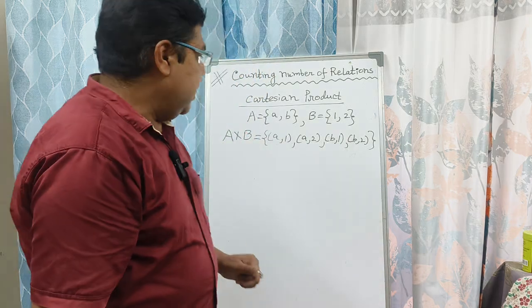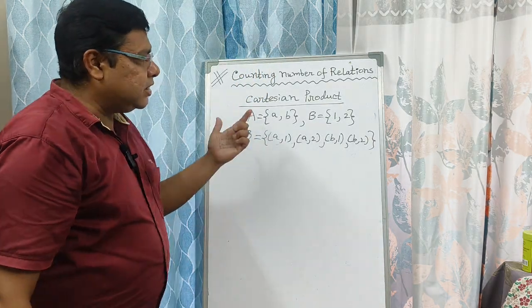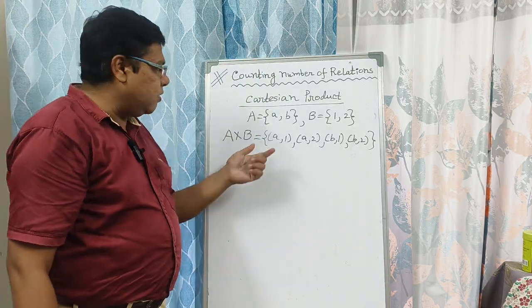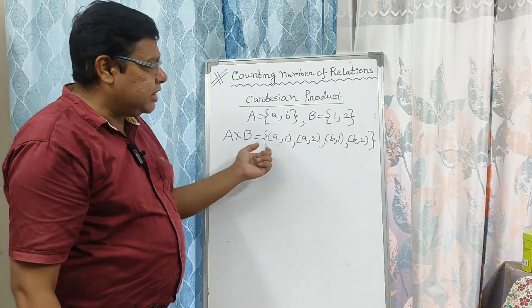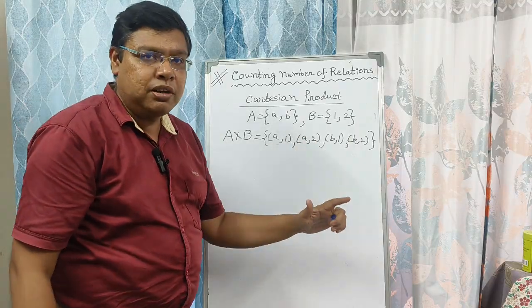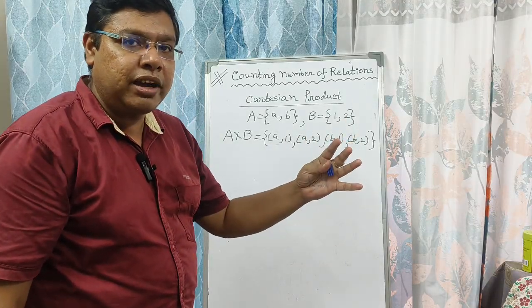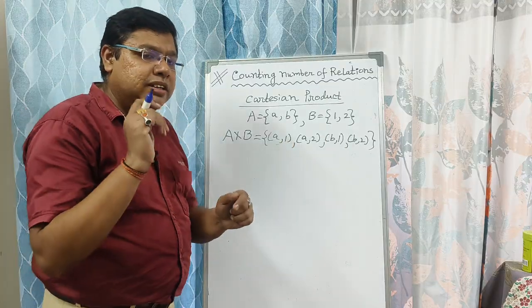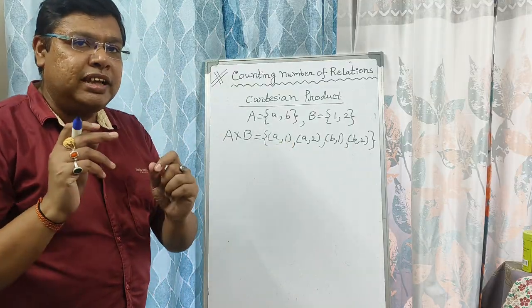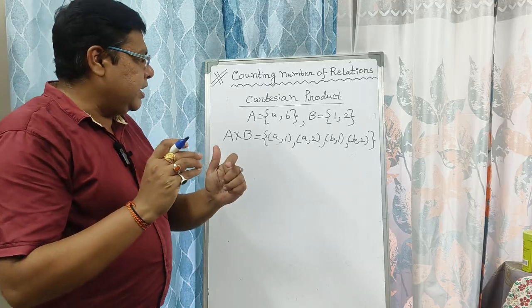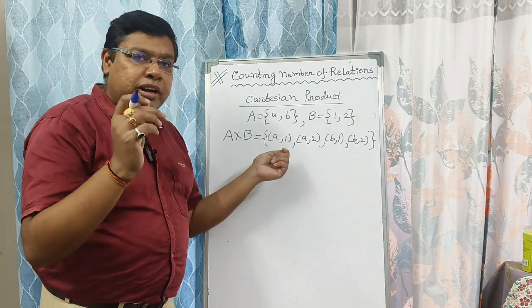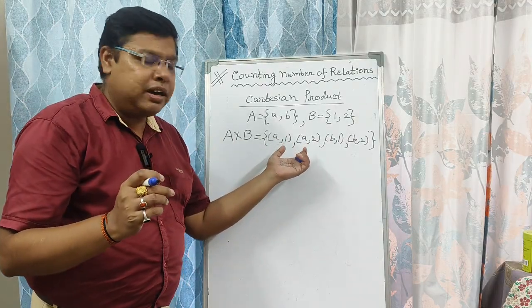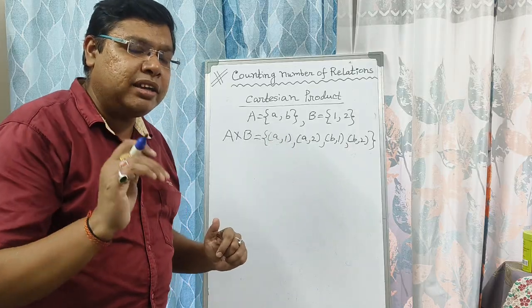Now, what was a relation? When we are doing A cross B, these four pairs are possible, nothing more than that. In a relation, we take some of the ordered pairs, and we make the relation.